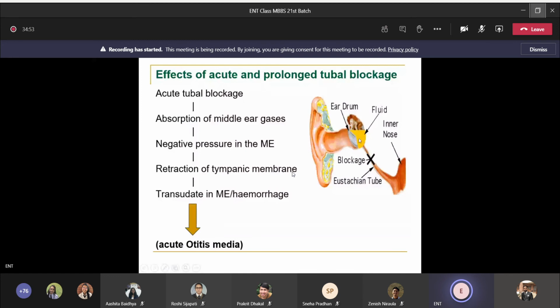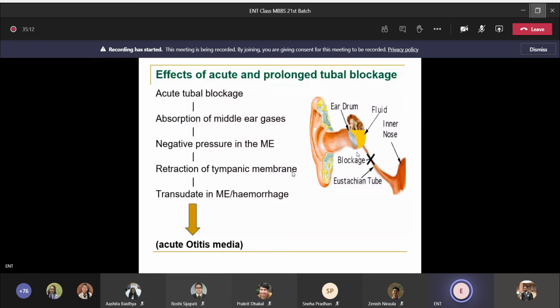Okay, that will make a collection of fluid in the middle ear. So if that continues, then there can be acute otitis media or otitis media with effusion. Or if it gets infected and makes a perforation in the tympanic membrane, then chronic suppurative otitis media.